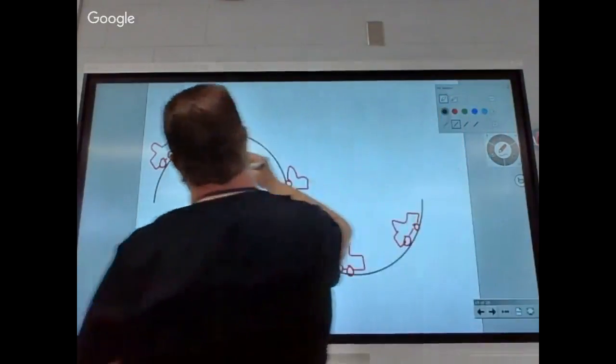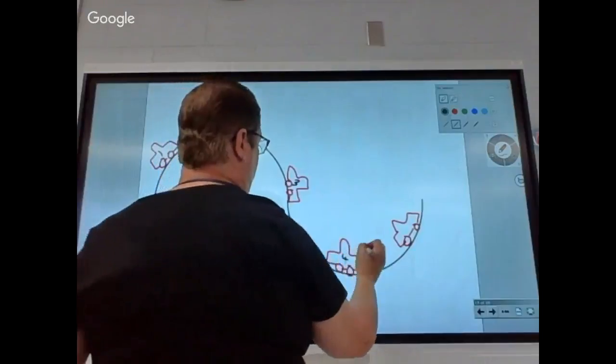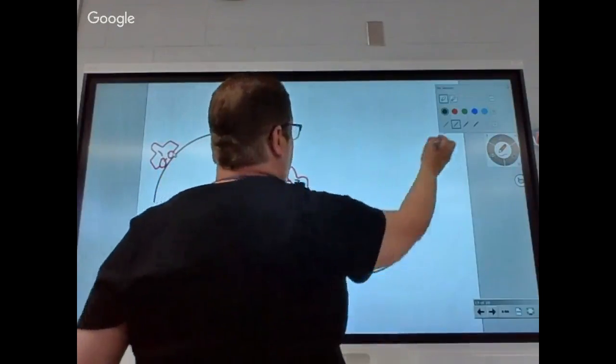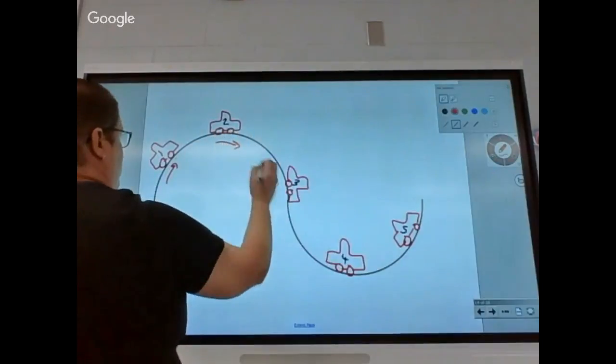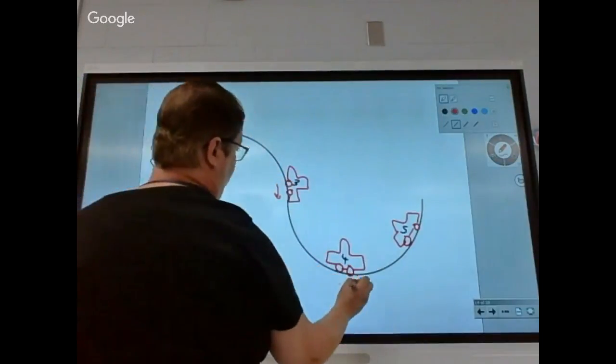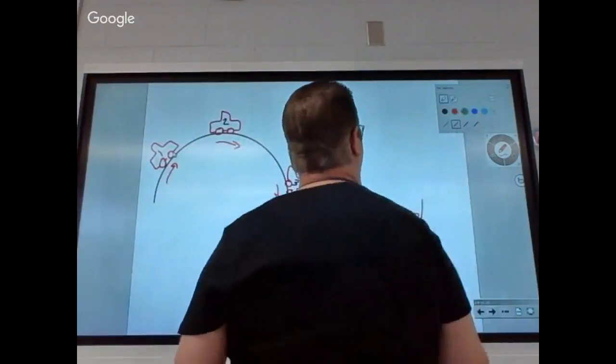All right, let's number them 1, 2, 3, 4, 5. Let's say the cars go, but they look like they're going the wrong way. I told you I can't draw. They're going that way. Okay?